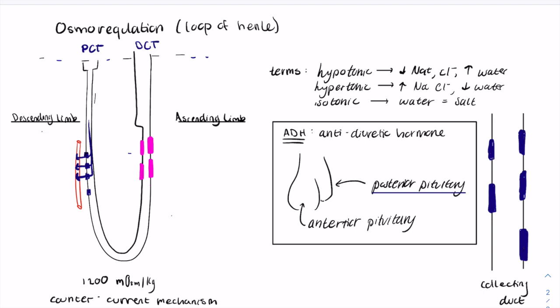The ascending limb is a little bit different. They have selective channels, sodium, potassium, chloride channels, which are only permeable to solutes, not to water, okay? So as water travels along the tubule, solutes are going to be pushed out into the medullary interstitium here.